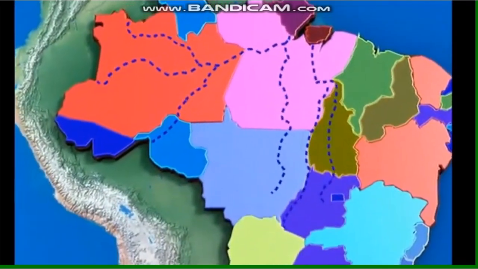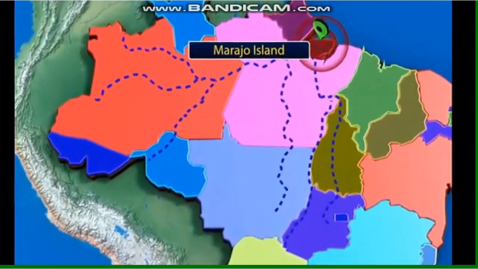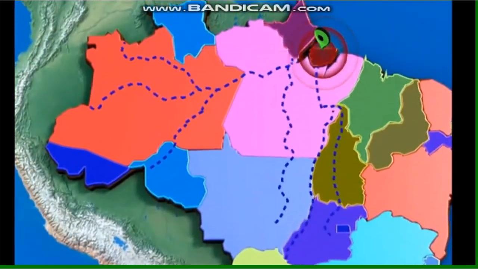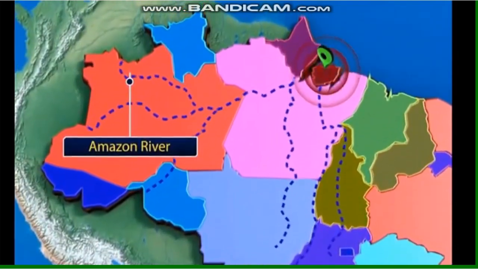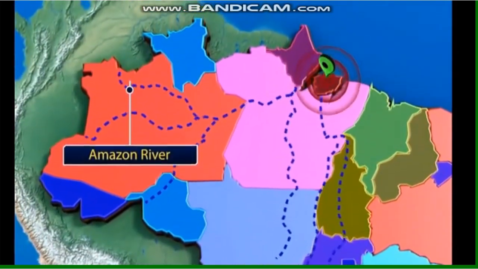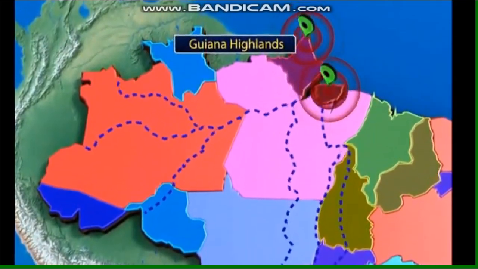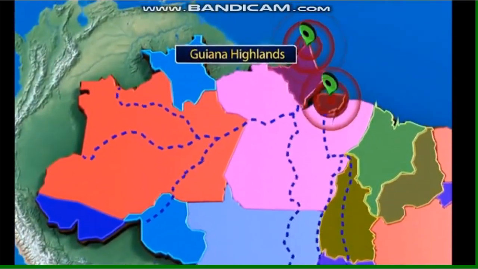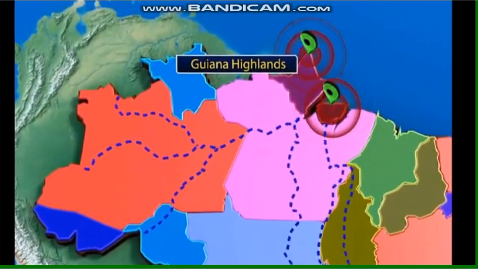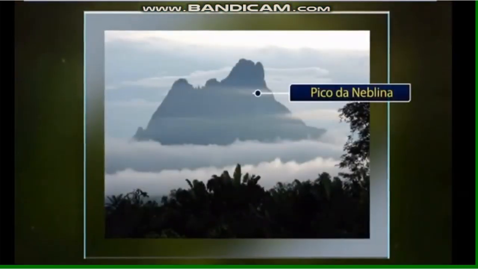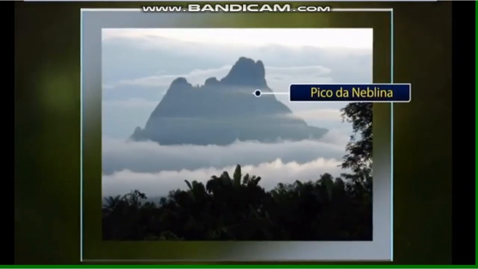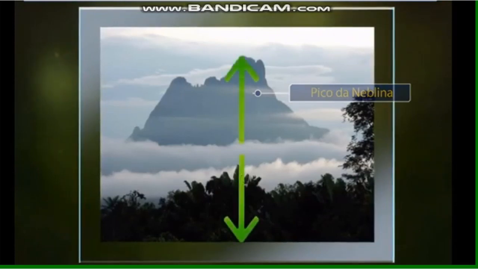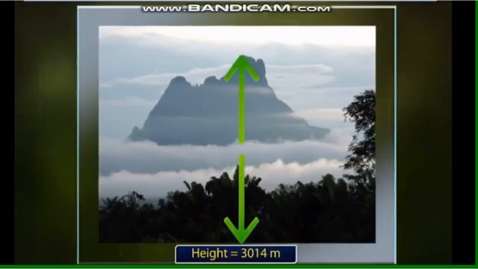Marajo, a large island, is formed at the mouth of the Amazon. It is surrounded by fresh water, while the Guiana Highlands are located to the north of the Amazon basin. Pico da Neblina is the highest peak in Brazil. Its height is 3,104 meters.